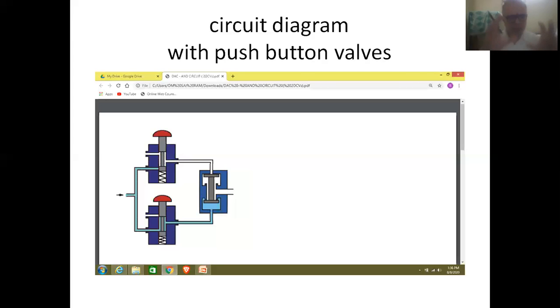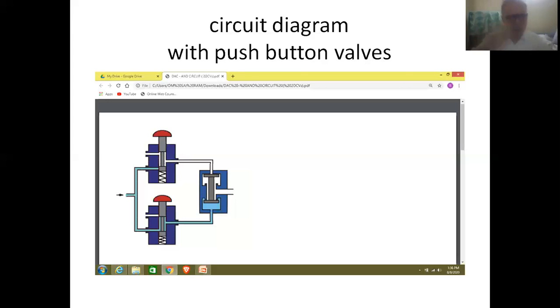So friends, this is the arrangement of the end valve circuit, generally used for operating a double acting cylinder. Now finally, coming to the working of this arrangement, it is divided into two phases.